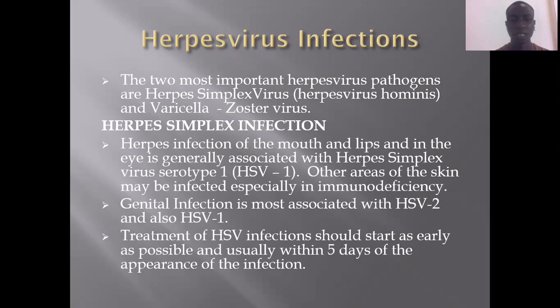Other areas of the skin can be infected, especially in immunodeficient people. Genital infection is associated with herpes simplex virus 2 and also herpes simplex virus 1.